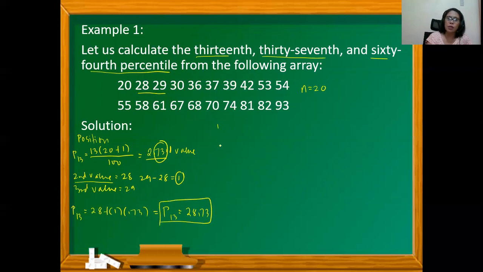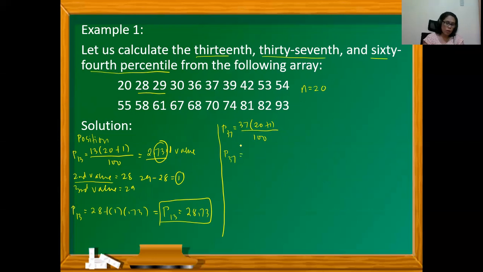Okay? So how about P sub 37? The position is equal to 37 times 20 plus 1 all over 100. So P sub 37 is 37 times 21 divided by 100.